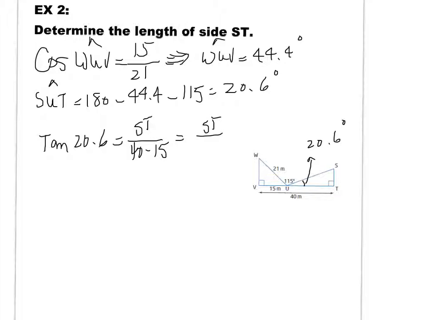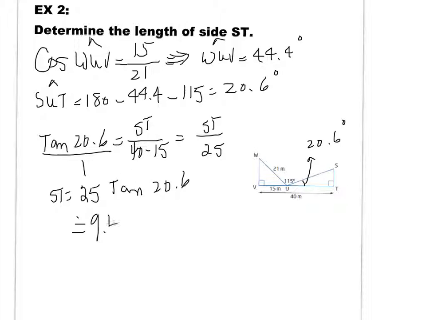So ST over 25. Again, the denominator is 1, so I can crisscross. I get ST is equal to 25 tan 20.6, which is approximately 9.4 meters.